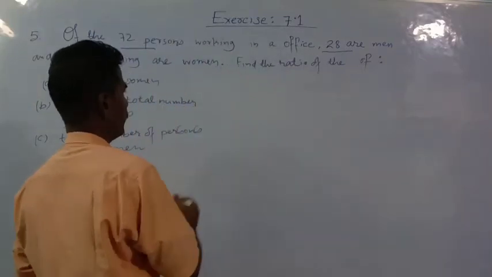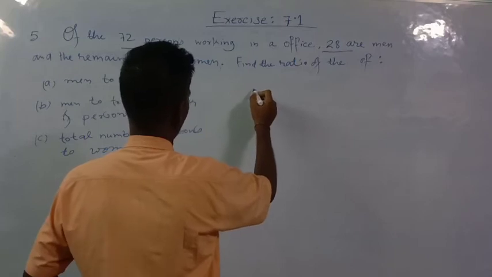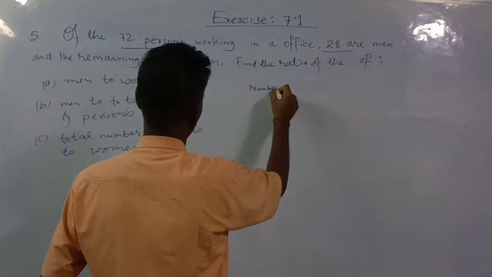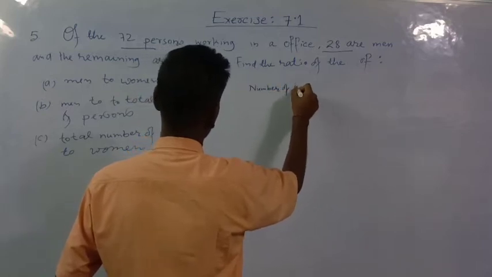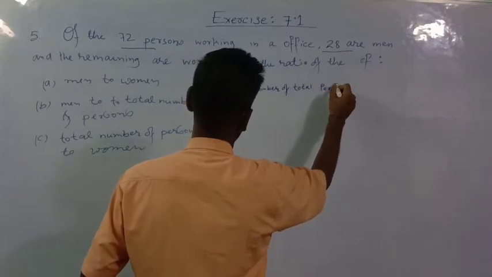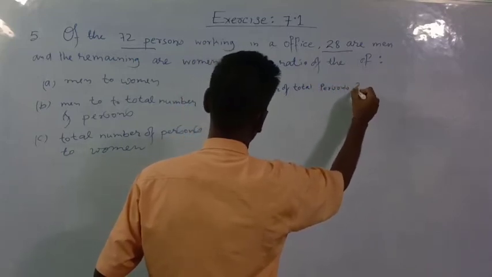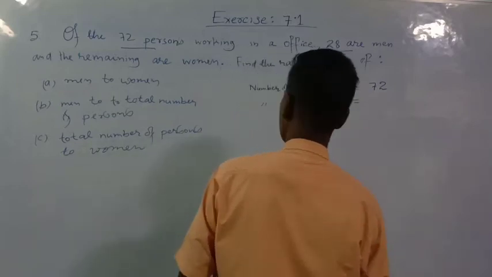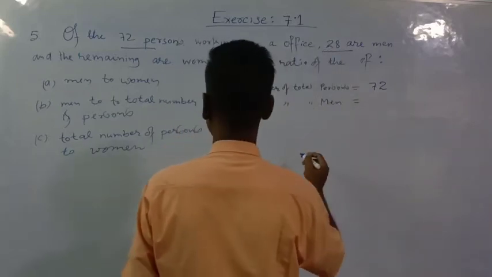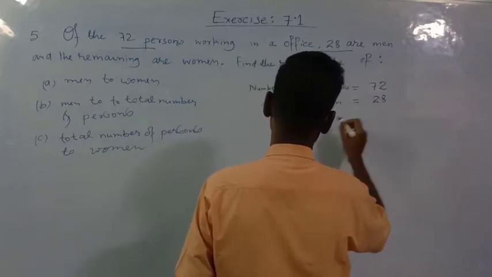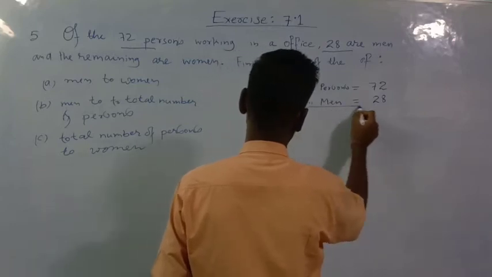So the total number of persons is 72, and the number of men is 28. The number of women is not mentioned in the question.